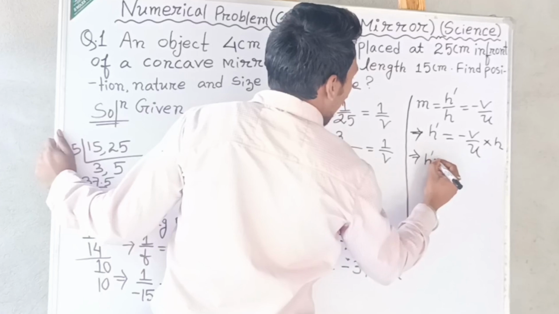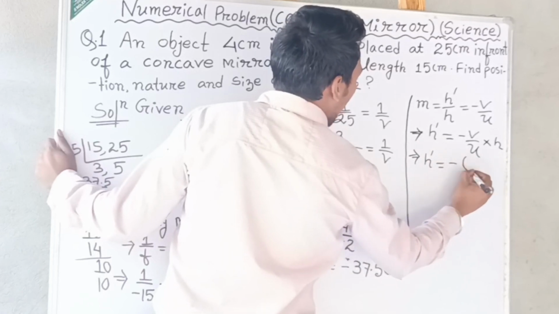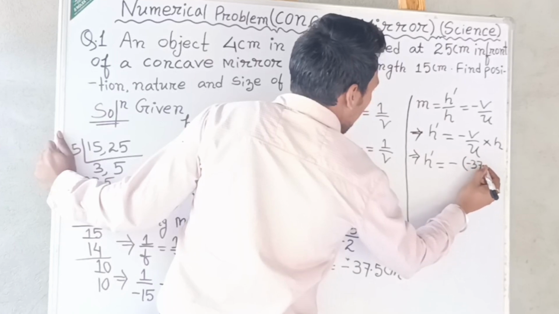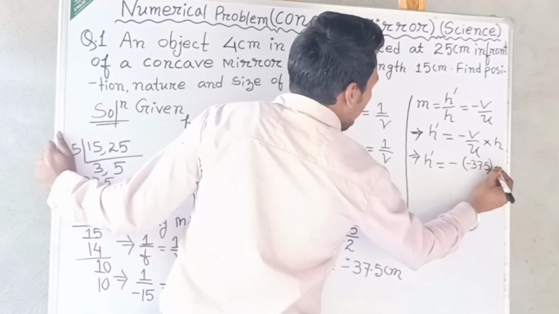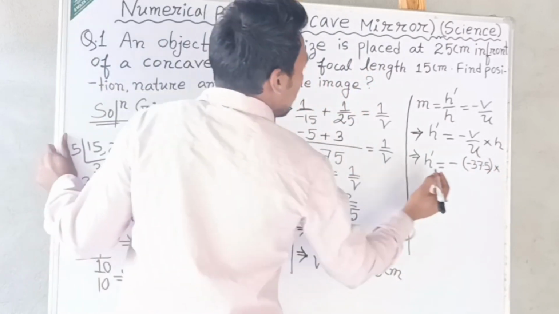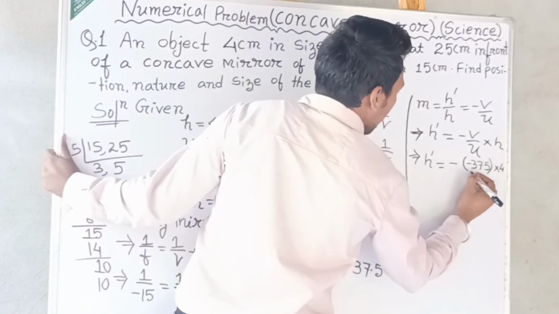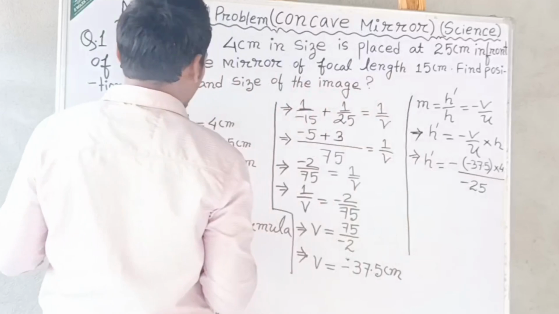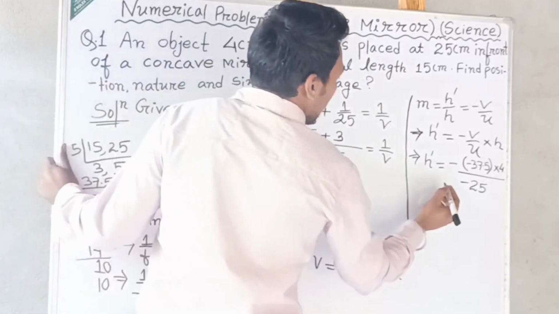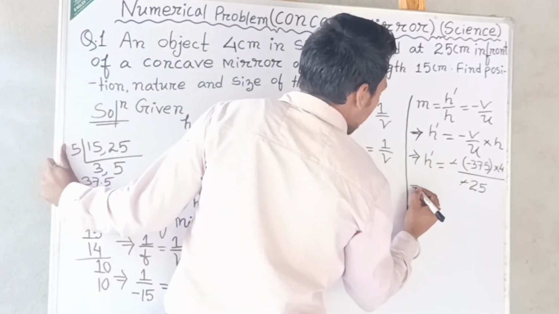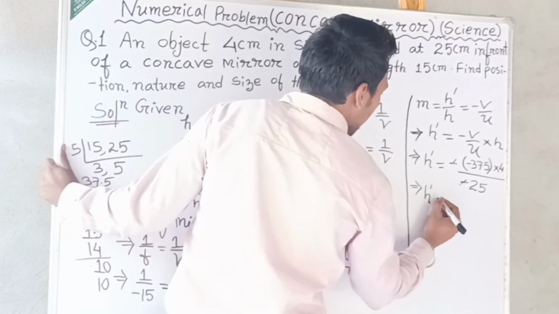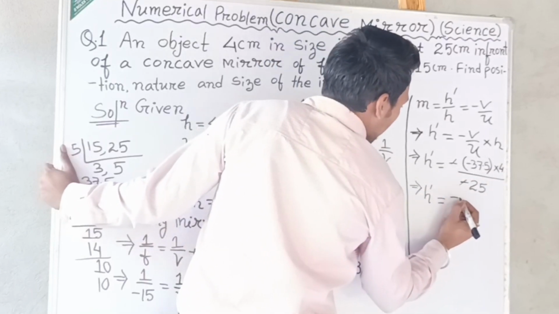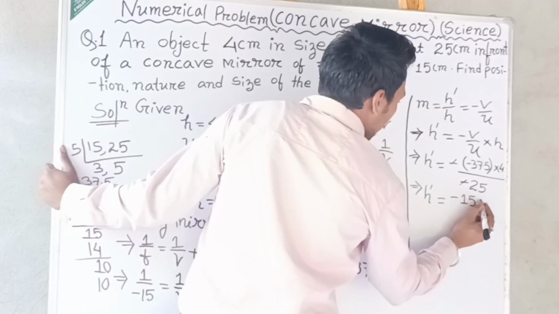So h dash equal to minus, now v value we have got here minus 37.5, into h value we have here, that is 4. Y minus 25 means u value is minus 25. So this minus and this minus cancel. So h dash equal to, if I multiply 37.5 into 4, then I will get here 150.